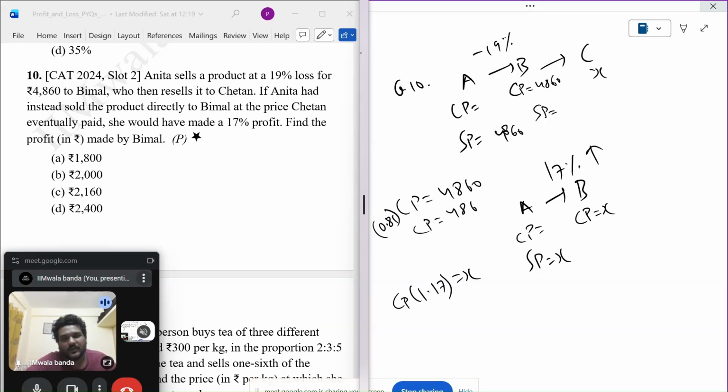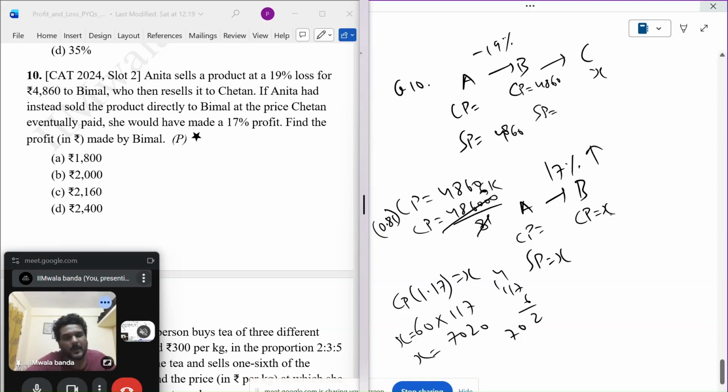So 4860 into 0.81, okay, this looks good. CP is 6000. And if I put it here, I'll get X. Let's calculate. I got X as 7020.